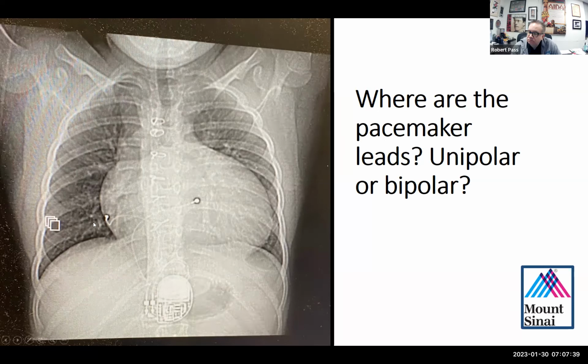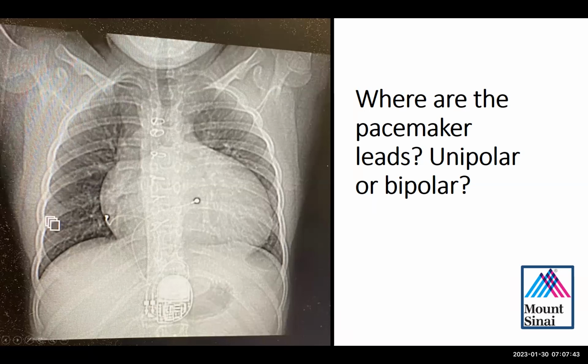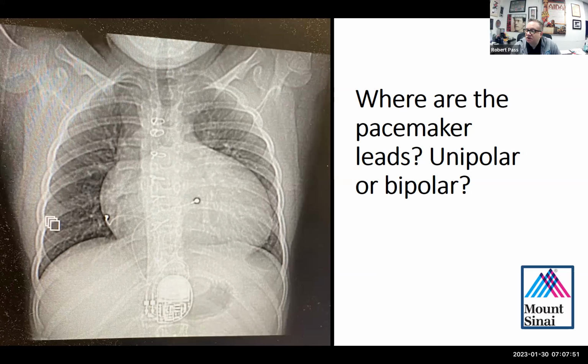Mm-hmm. Okay, and then let's see. The second one is for the RV. That's correct. It's hard to tell, right? It could be on the rightward border of the LV, but it looks most likely to be on the LV.